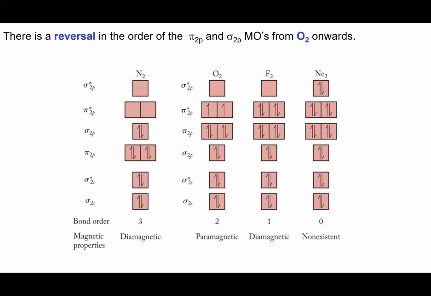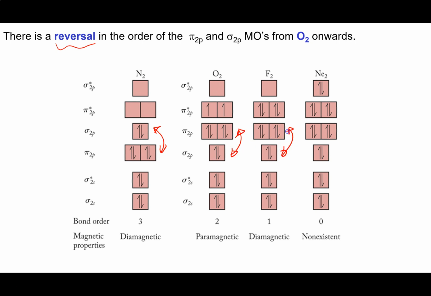Now, something weird happens as a result of a phenomenon called sp mixing, but when we move to the last 4 members of the P block, there's a flipping of 2 of our MOs. So in particular, those 2 flip.